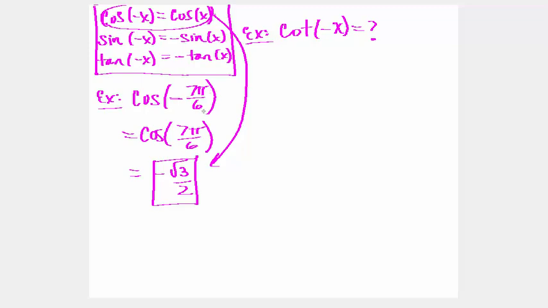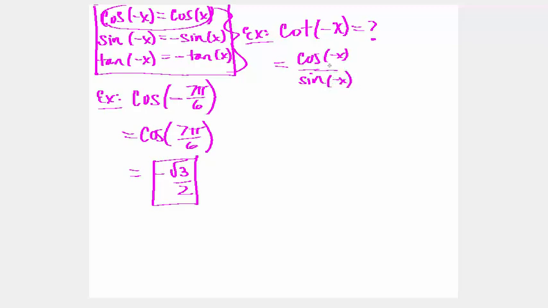Now, let's take a look at this next one, which is asking, what is the cotangent of negative x equal to? It doesn't take much observation to look back at our identities listed here in the box to see that there is no cotangent negative identity listed. But let's see if we can figure it out, because we know what cotangent is at this point. Cotangent is cosine over sine, so we use the same input, meaning cotangent of negative x would be cosine of negative x over the sine of negative x.